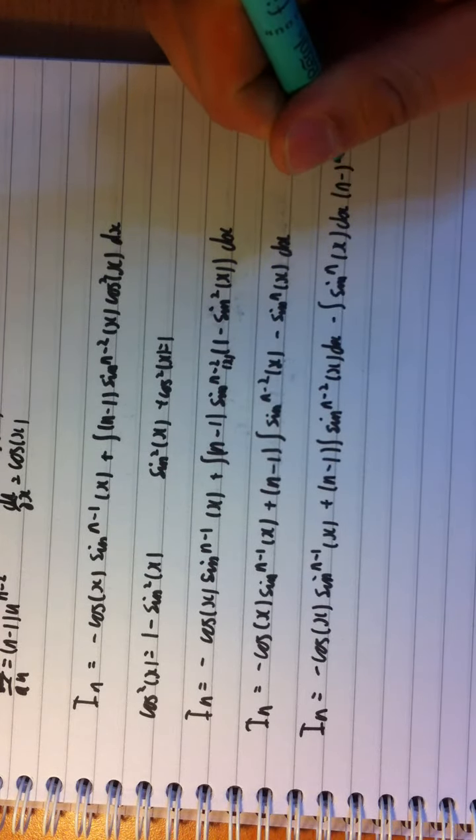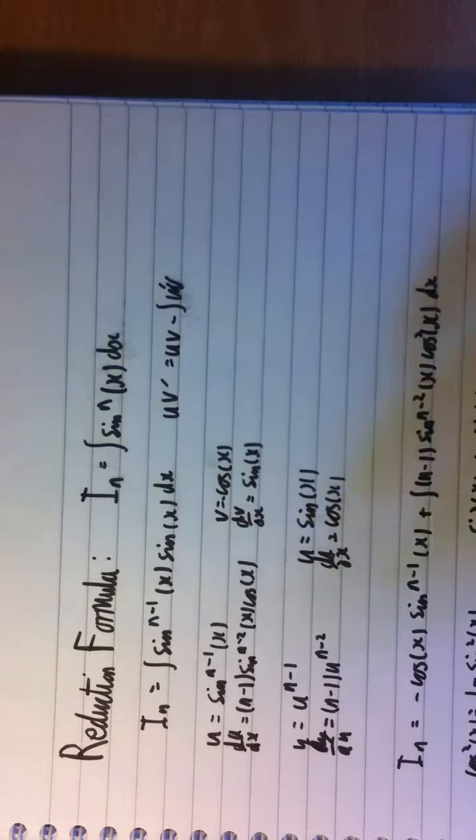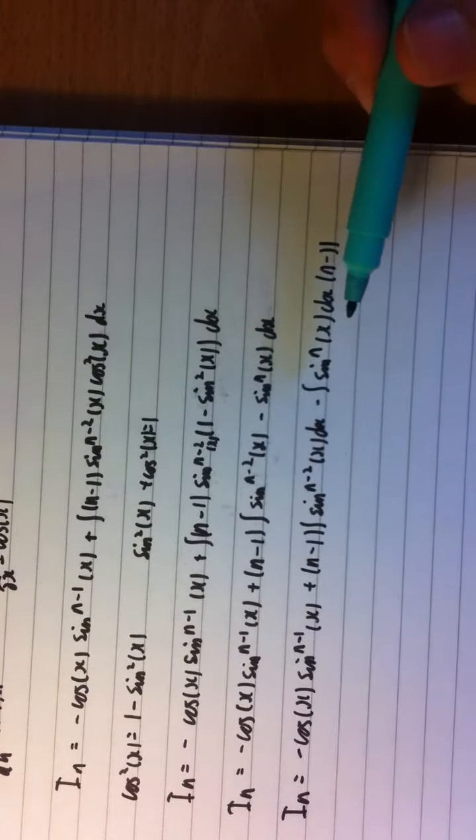Okay, so if we take a look here, this is exactly the same as our original formula of I_n equals the integral of sin^n x dx. So I can rewrite this as I_n. This now becomes I_n equals negative cos x sin^(n-1) x plus (n-1) the integral of sin^(n-2) x dx, take away (n-1) I_n.